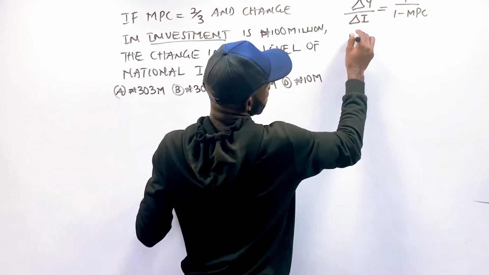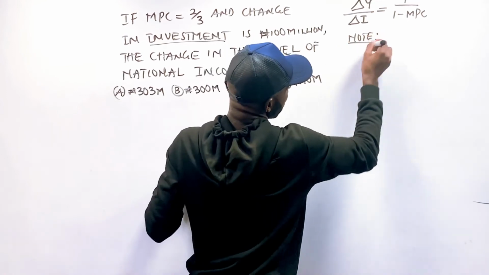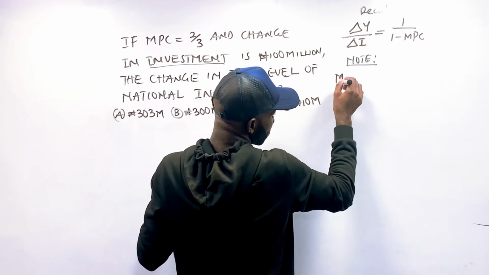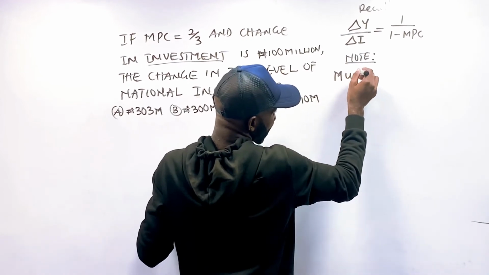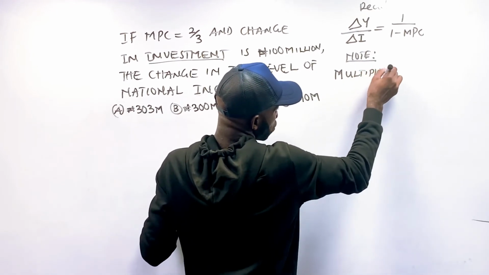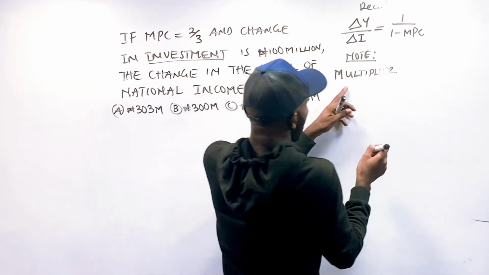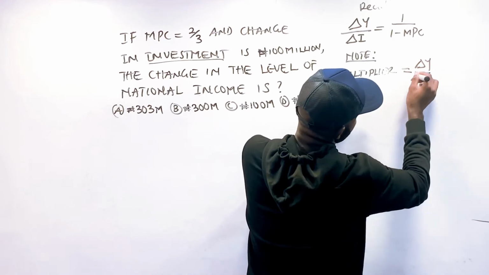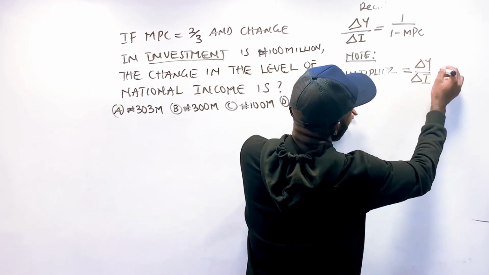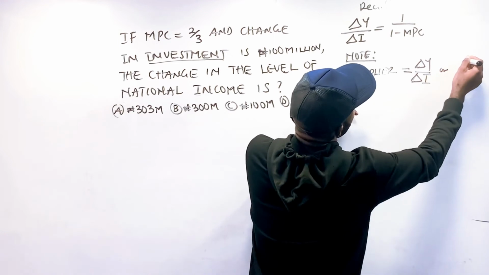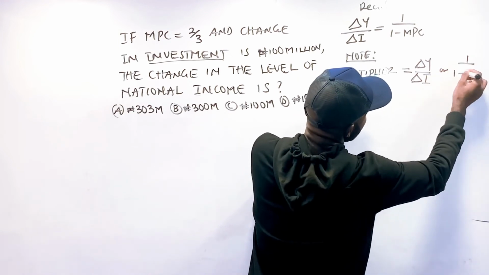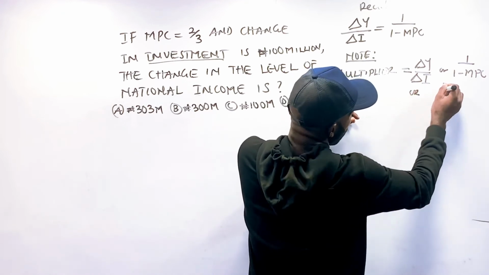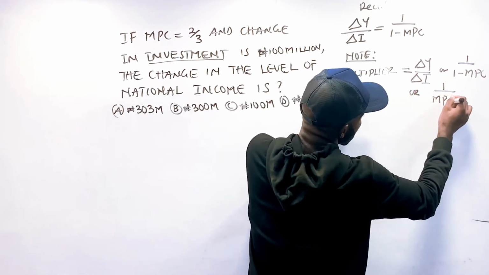Note the reason why we're combining this for clarity. Multiplier, which is M, maybe I can take it in full, so that multiplier is equal to change in income over change in investment, or 1 over 1 minus MPC, or 1 over MPS.